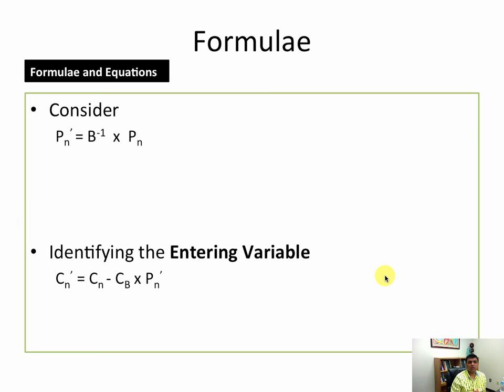These are the two core formulas that we will be using for our revised simplex method. Consider that Pn prime is given by B inverse multiplied by Pn.